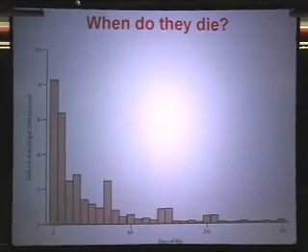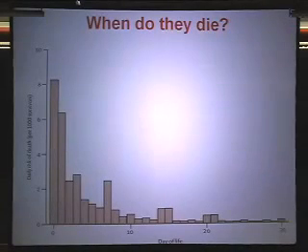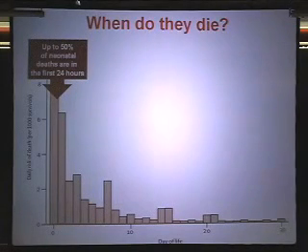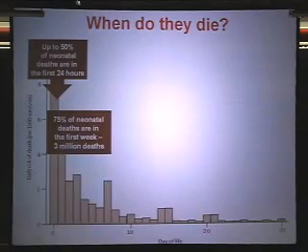Let's turn towards newborns, and just a few points to drive home about newborn care. First is the timing of newborn deaths. If you take what we know from DHS data in some of these high-burden countries, about half of all newborn deaths occur in the first 24 hours. By the end of the first week, three-quarters of all newborn deaths have already taken place.